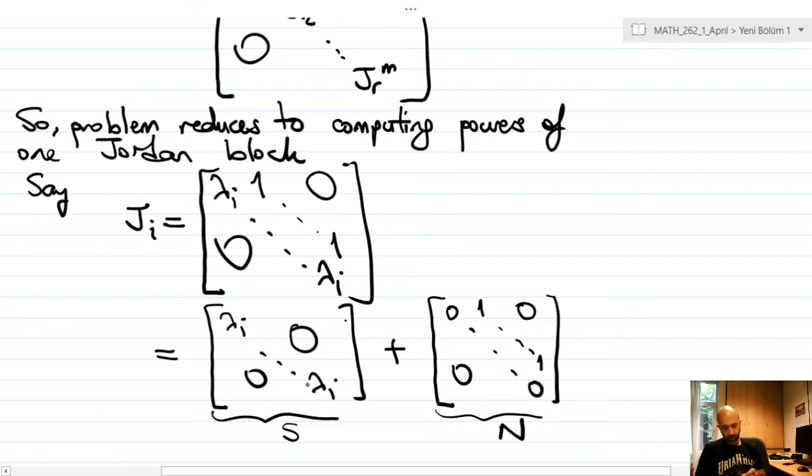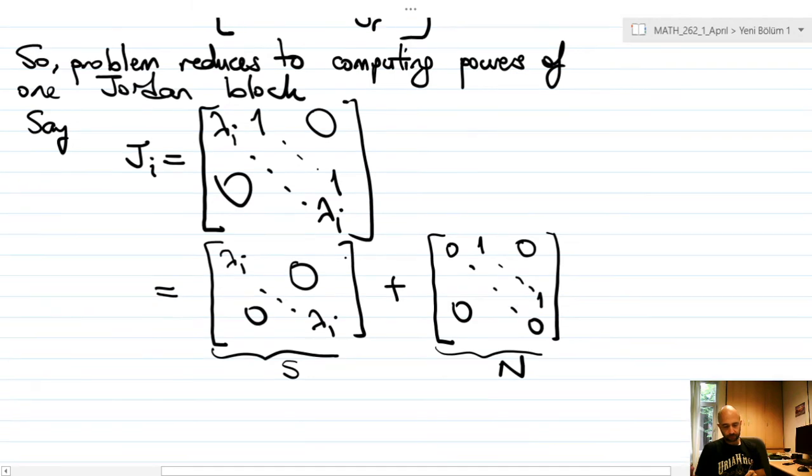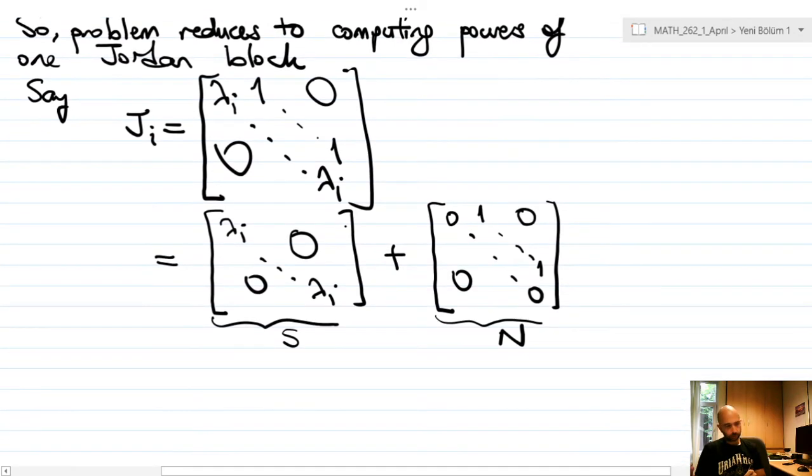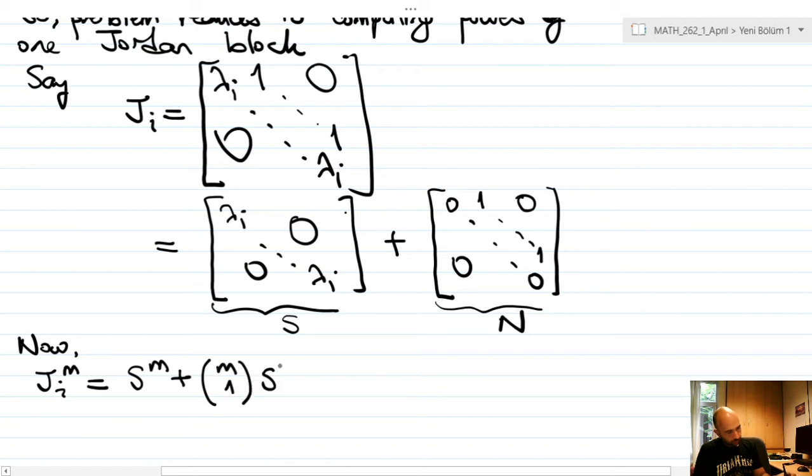If we take some powers of Ji, we can treat this like a binomial expansion because S and N will commute. So, Ji to the power m, just use the binomial formula: S to the power m plus m choose 1, S to the m minus 1, N. Keep going until m choose m, N to the m.